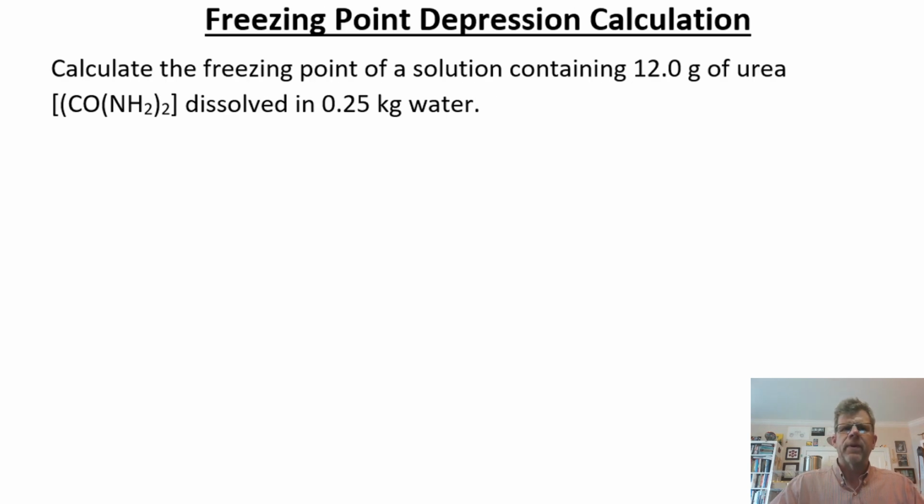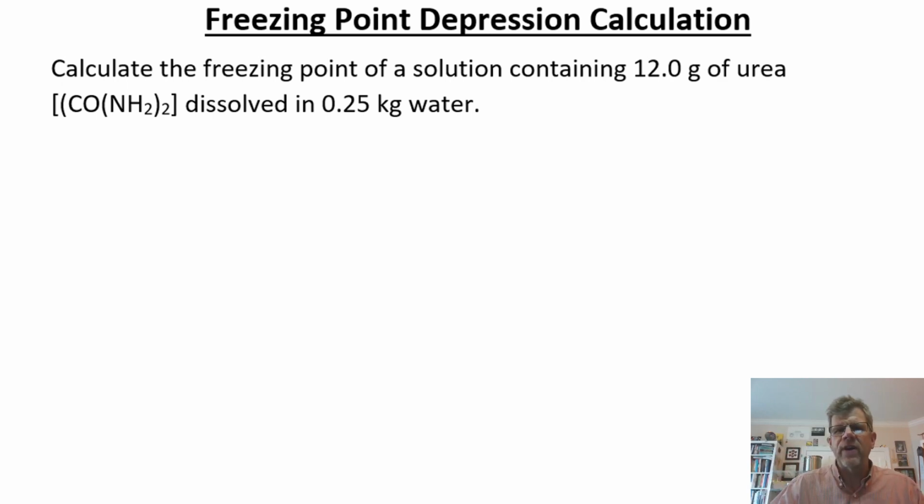So here's an example of a freezing point depression calculation. Calculate the freezing point of a solution containing 12 grams of urea, here is our chemical formula, dissolved in 0.25 kilograms of water. Well, we see freezing point, anything that's a freezing point depression, what's the freezing point, all that.